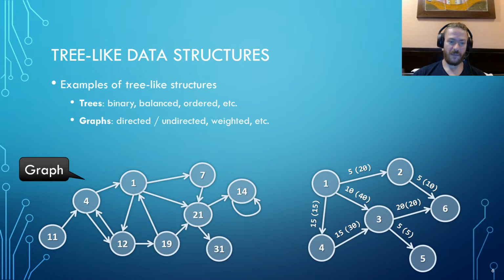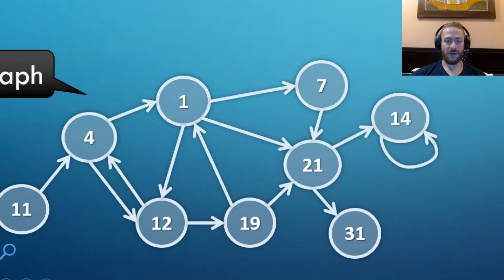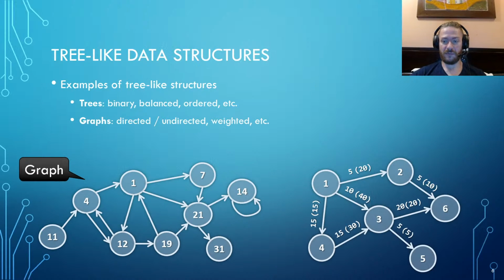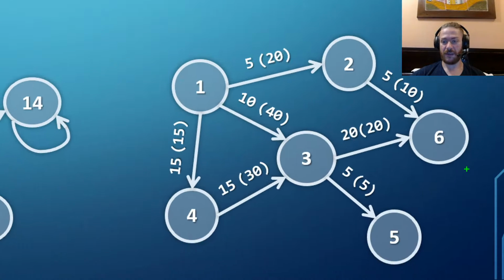A graph means that we have nodes, but there is no root, there is no starting point. For example, if you look at this picture right here, is there a starting node? You may say that this looks like a starting node, but if we take a look here, there is no starting node at all.